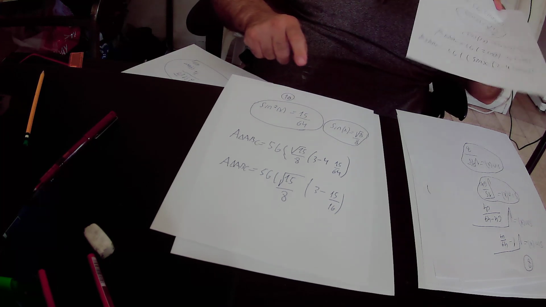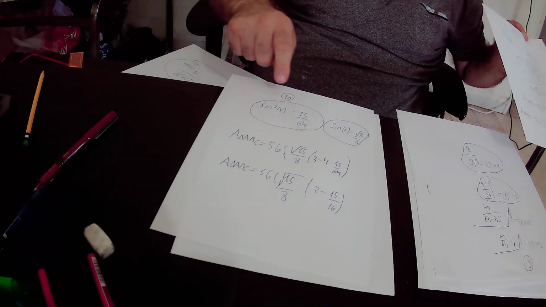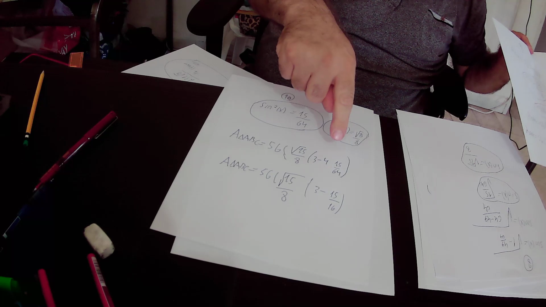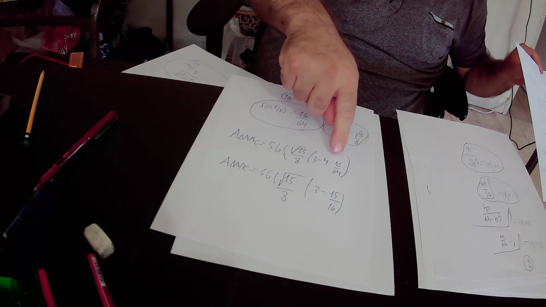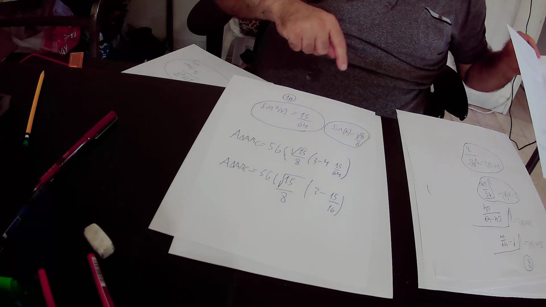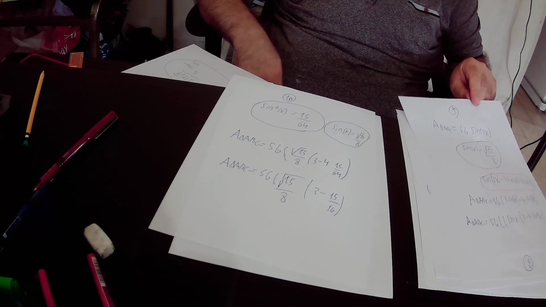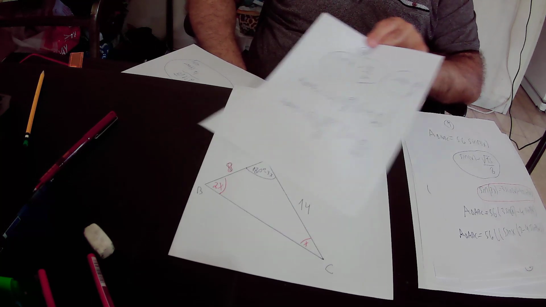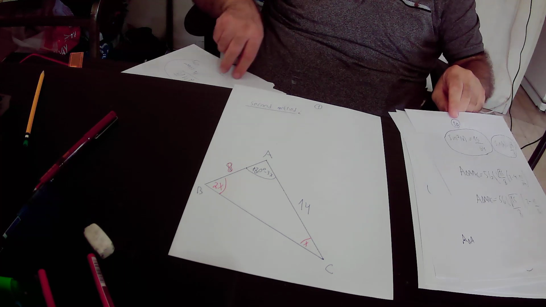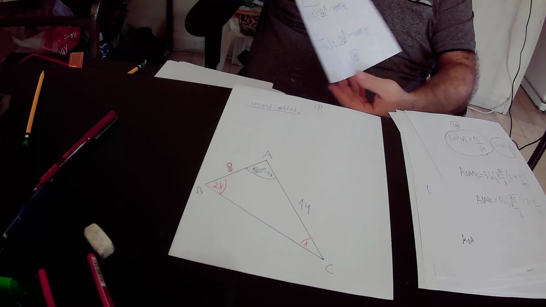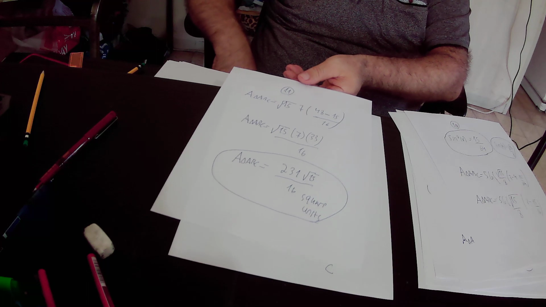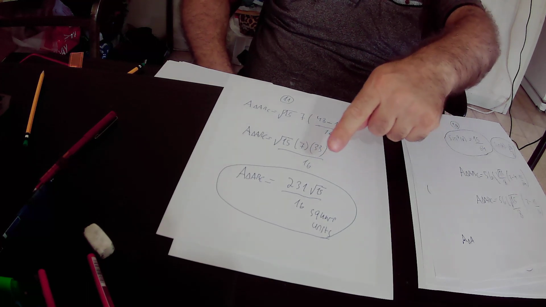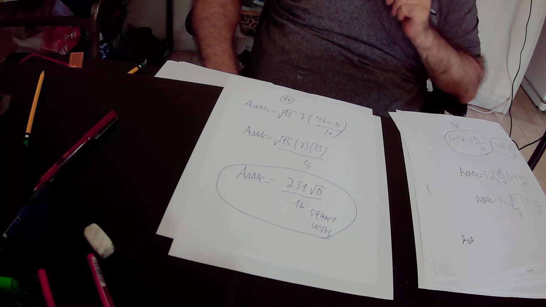Okay, so we substituted sine x by root 15 over 8, and sine square x by 15 over 64, and we got that the area of triangle ABC equals 231 times root 15 over 16 square units.